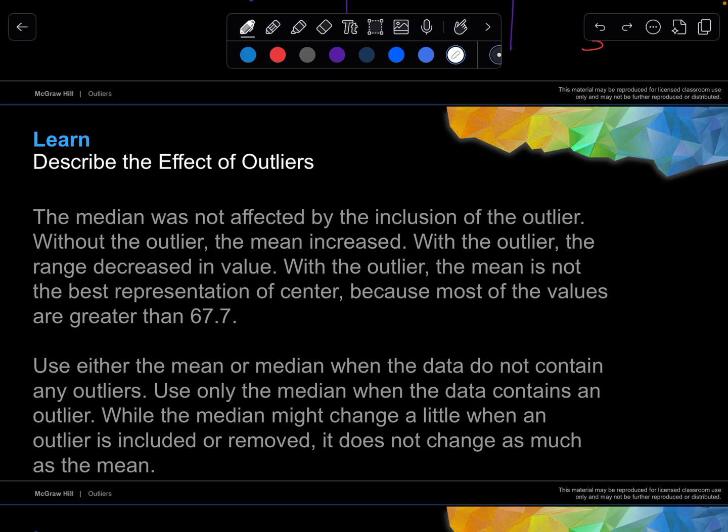When the data does not contain any outliers, you can use either the mean or the median. But when the data contains an outlier, use only the median, okay? While the median might change a little when an outlier is included or removed, it does not change as much as the mean does.